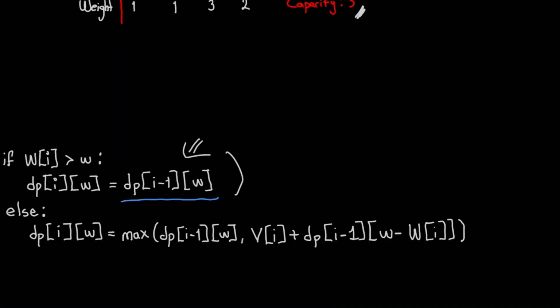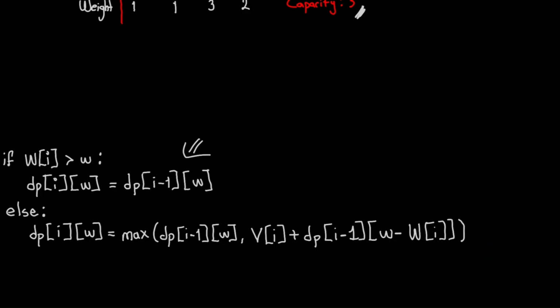However, if that is not the case and the current item's weight is less than or equal to the current capacity, then we are taking the maximum of either not taking it, which is exactly the same as copying the previous row, or taking it and using its value. Instead of profit, I said value to make it more consistent here.